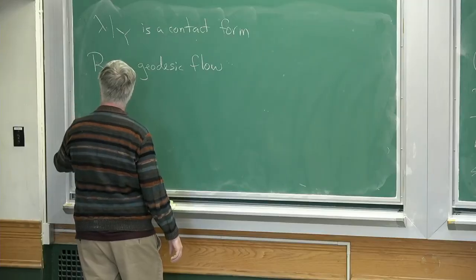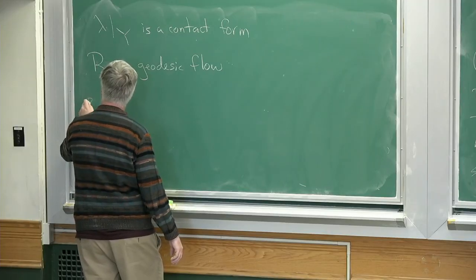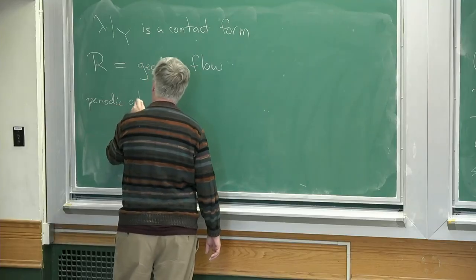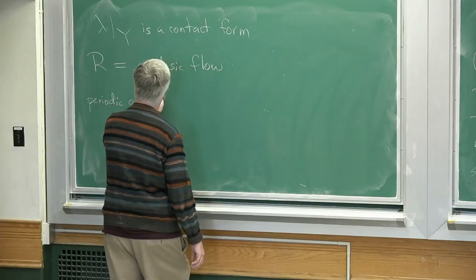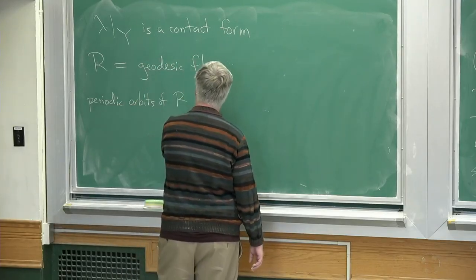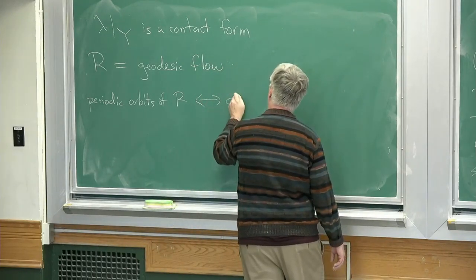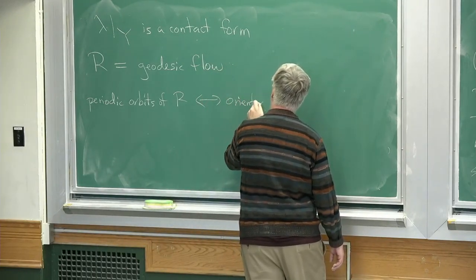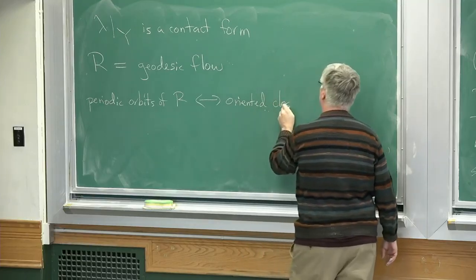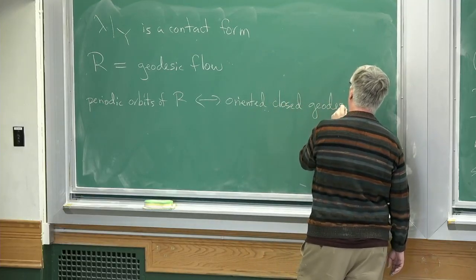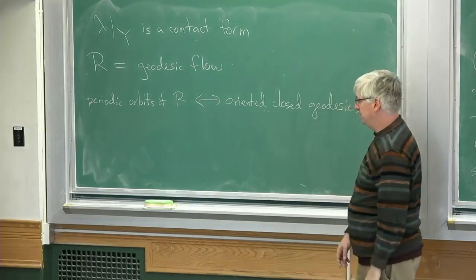So that implies that periodic orbits of R correspond to oriented closed geodesics, and they're parametrized at unit speed.